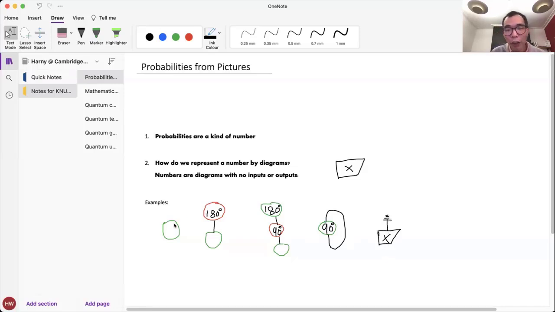So these are all concrete examples of diagrams which represent numbers. The idea is very simple now. To represent a number, you just need to use a diagram with no input and no output.